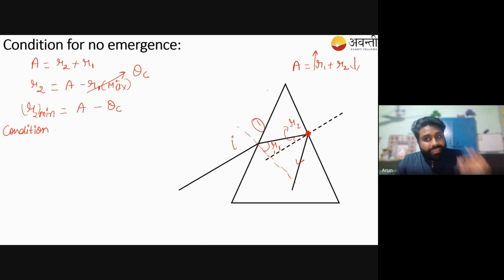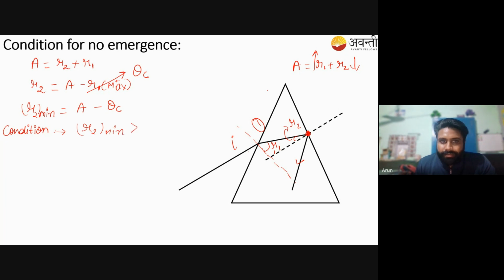We have the minimum value, and other values are greater than the minimum one. So we have the condition for no emergence. Keep this in mind: the condition is that R2 minimum is greater than theta c. Got it?